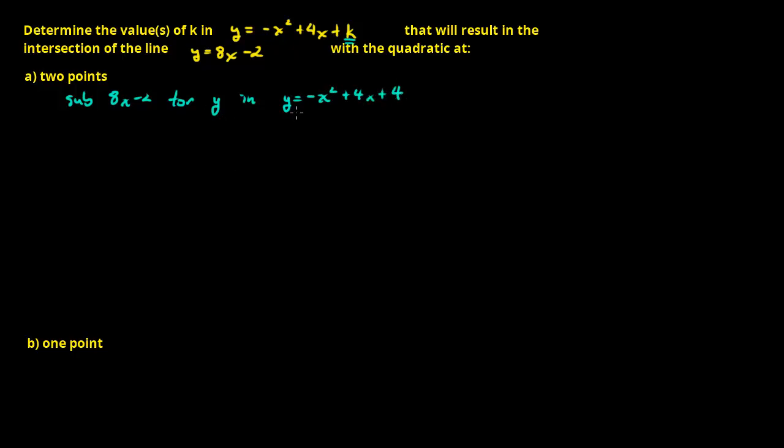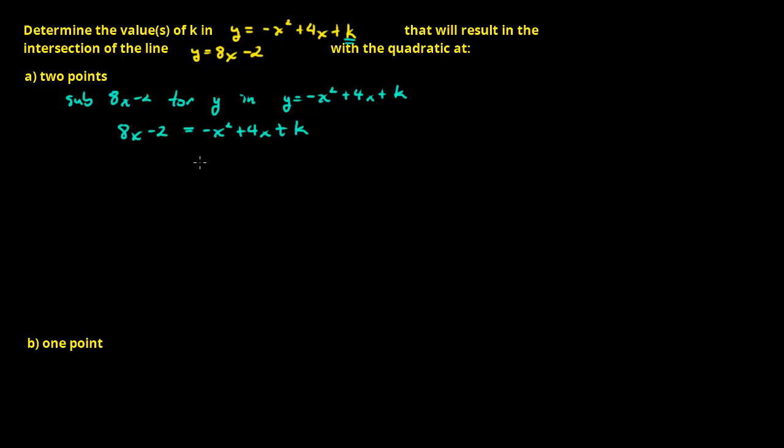So we're going to replace y with 8x minus 2. And if we do that, we get 8x minus 2 is equal to negative x squared plus, oh, this shouldn't be 4, this should actually be k. Sorry, so plus k.